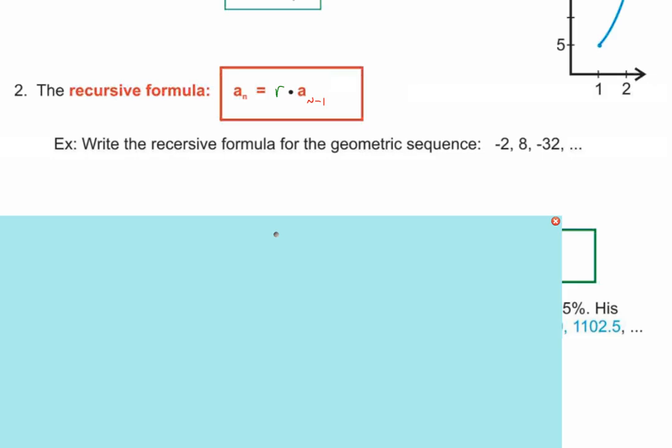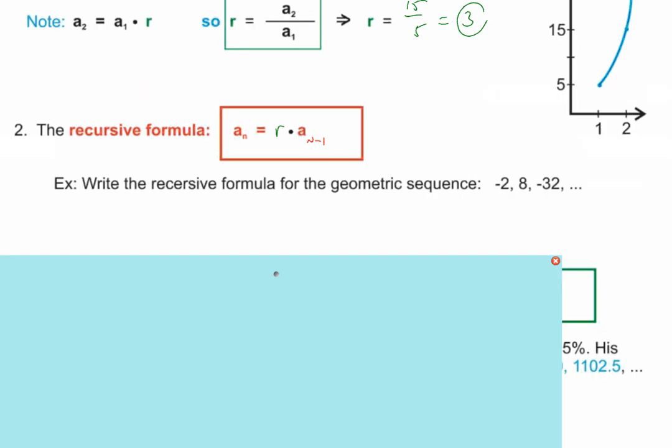Again, that's the idea with the recursive formula. If you know the previous term, then you can get the next term, hence n minus 1 is the previous term. If you take the previous term, multiply it times R, and there you go. You've got the next term.